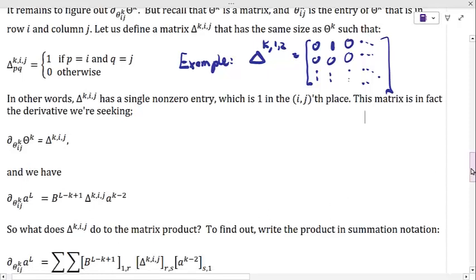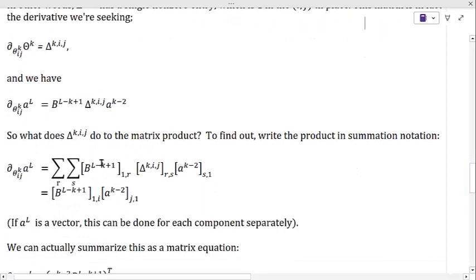Well, if you want to find out, you can write the product in summation notation. Recall that when you multiply matrices, the row of the output is the row of the first matrix, the column of the first matrix multiplies the row of the second matrix, and the column of the output is given by the column of the second matrix.